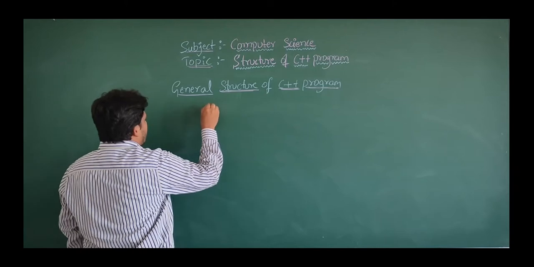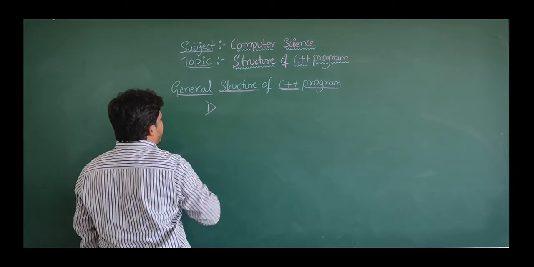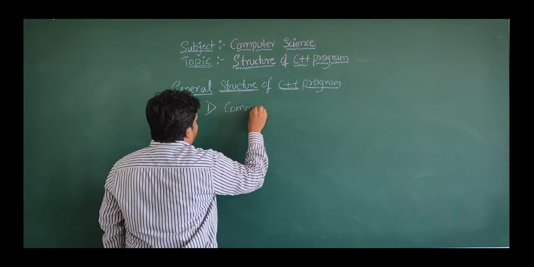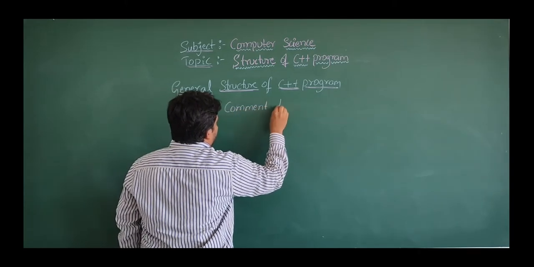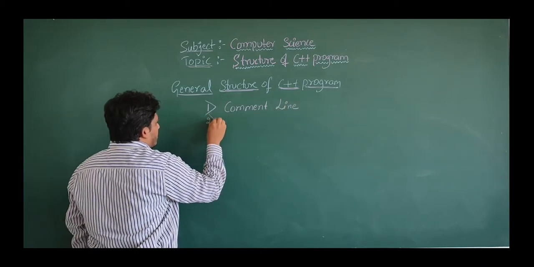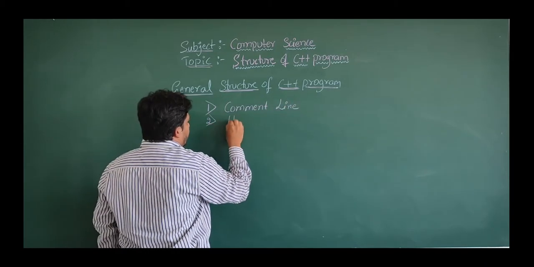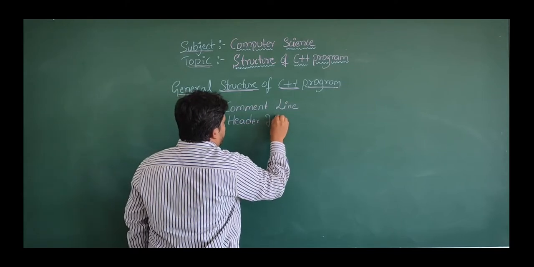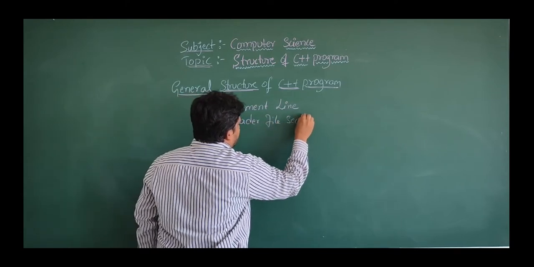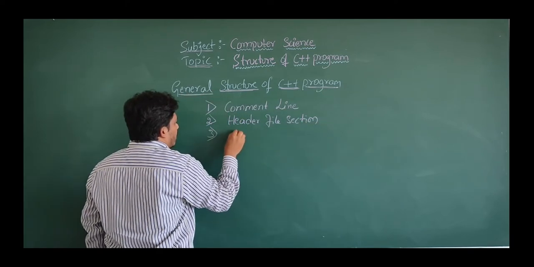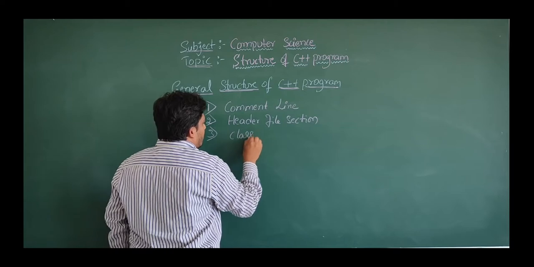The first and foremost thing is you need to have a comment line, which is optional actually. Then you should have the header file section. Third one is your class declaration.